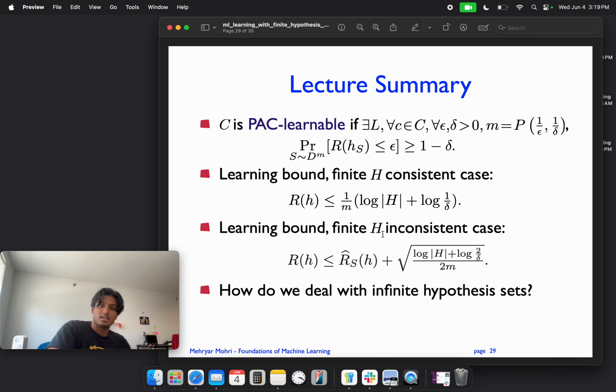For the learning bound for finite hypotheses in the inconsistent case, we proved this using Hoeffding's inequality. The only reason this square root term comes in is that in Hoeffding's inequality we have the exponential of minus m epsilon square. Whereas in the finite hypothesis case, if you remember, when we write 1 minus epsilon to the m, we approximate it as e to the minus epsilon m.